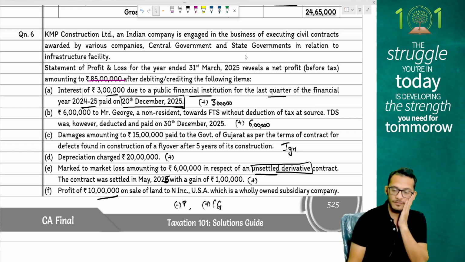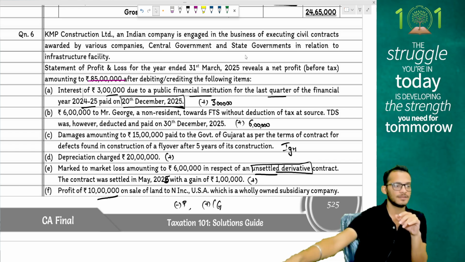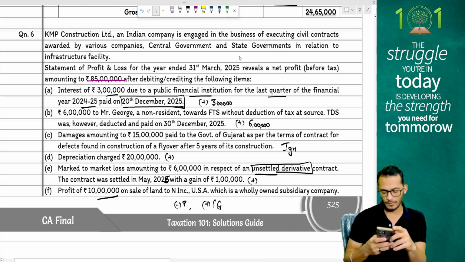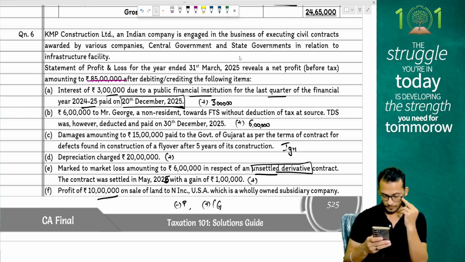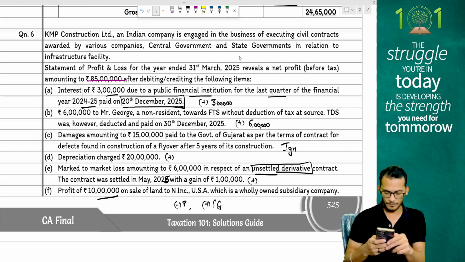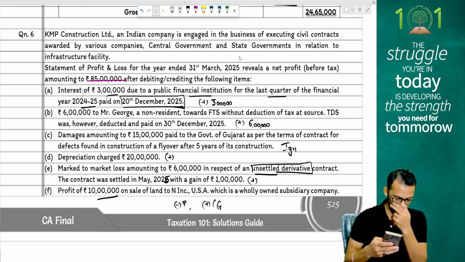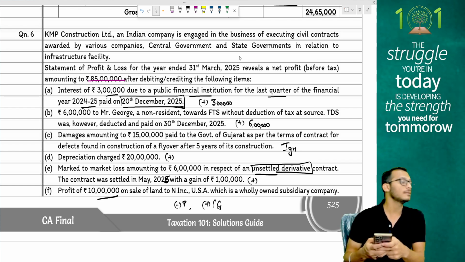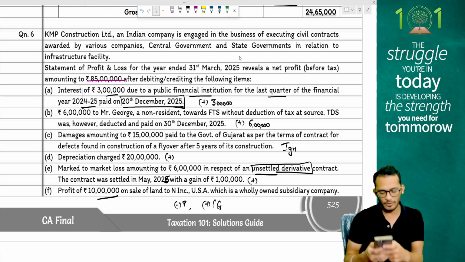As the sum of 6 lakhs forms part of P&L, done. The conclusion remains the same always, people.